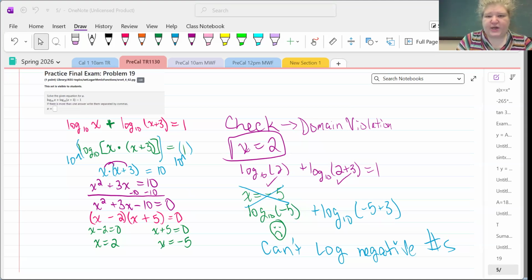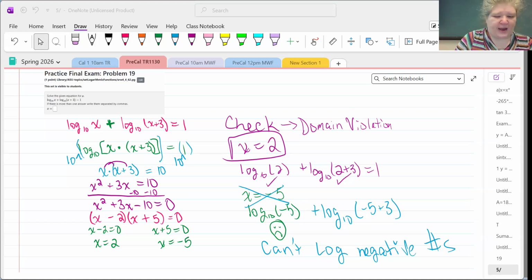All right, what's another one you guys want to look at? So the graphing part won't be on the test, but another part of 15 will be.